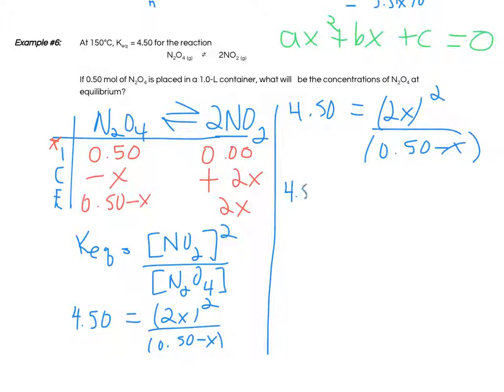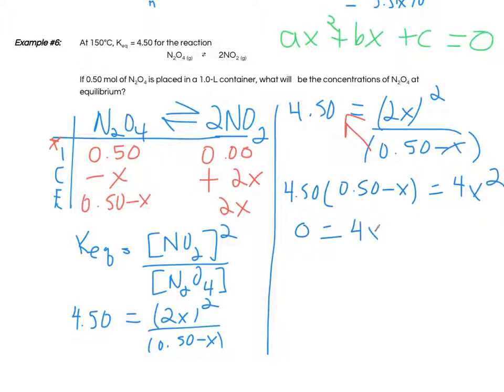So 4.50 times, and that's just me bringing this expression upstairs, 0.50 minus x is equal to 2x all squared, which is 4x squared. I'm going to simplify this. So I'm actually just going to write my 0 over here, because I just like to have my x squared value positive.